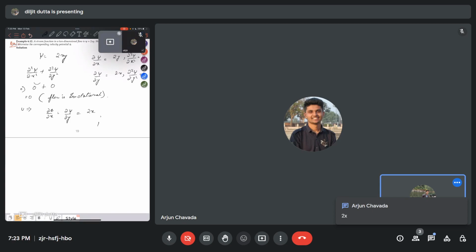So phi equals 2 into x square by 2 plus c. Since only one variable is present, we can directly integrate 2x dx plus c. So it is x square plus, no, it won't be c, it will be a function of y, since we are taking a partial derivative.